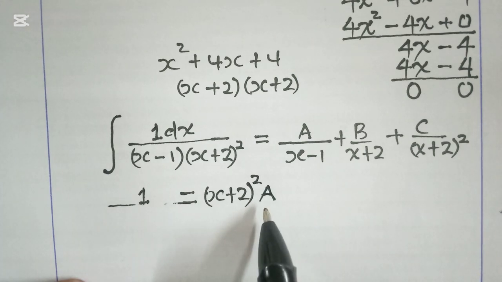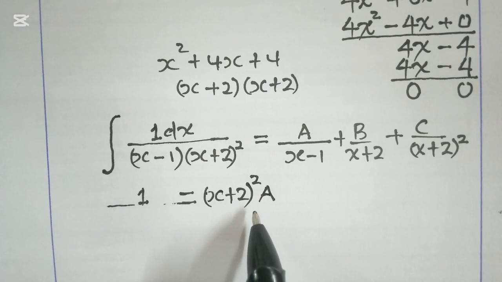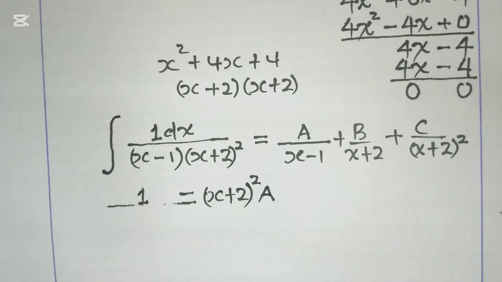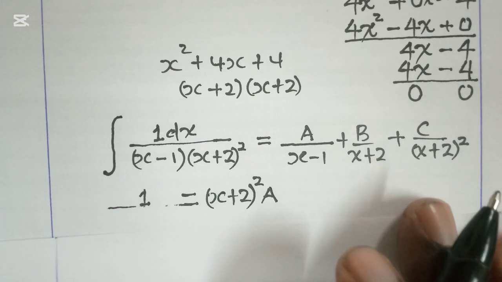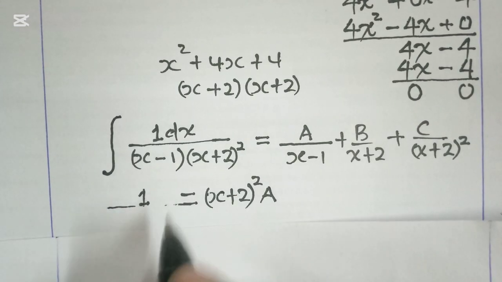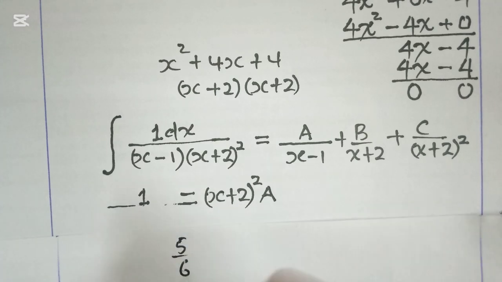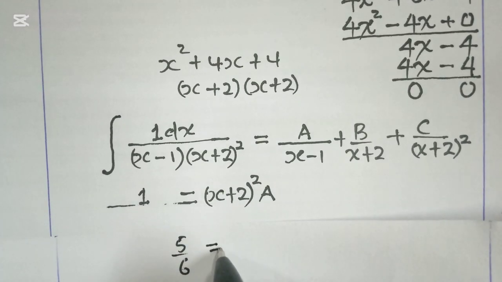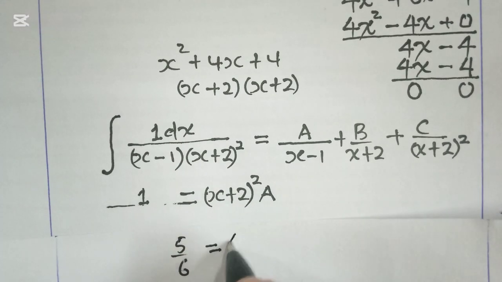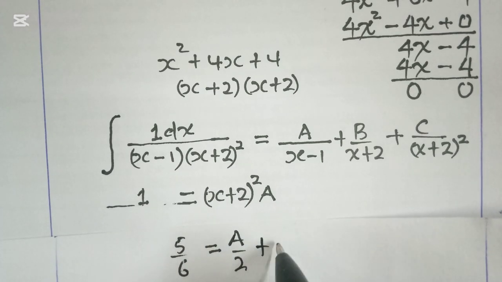Guys, if you may not understand that, let me explain it to you. Let's say you had something like this, that is 5 over 6 equals A over 2 plus, let's say here, 1 over 3.